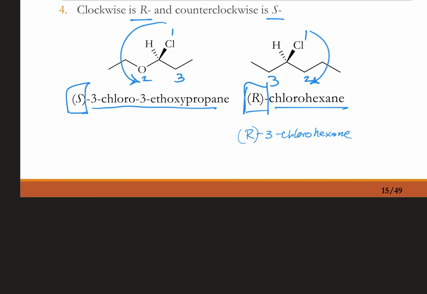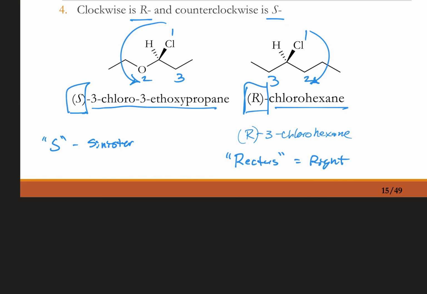Now the R in the R isomers stands for rectus, which is Latin for right. And the S is Latin for sinister. Let me make sure that's spelled right. Sinister.